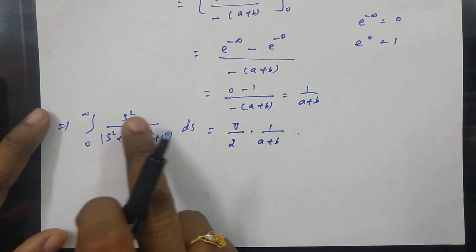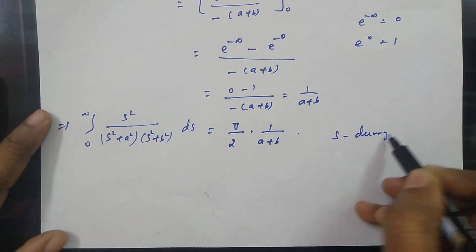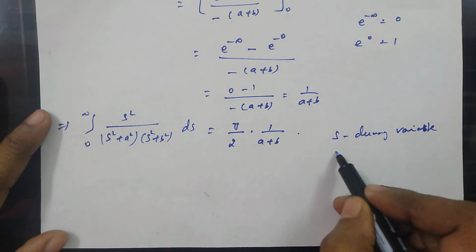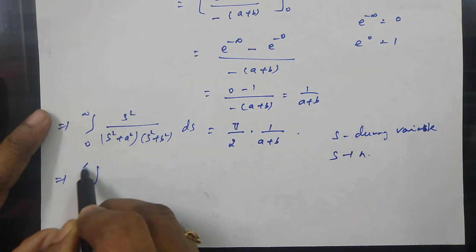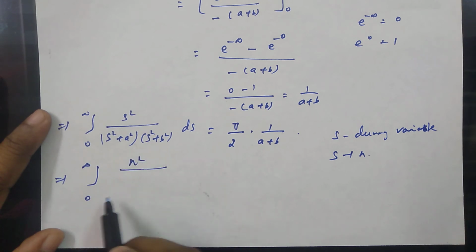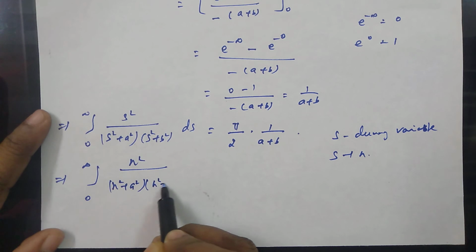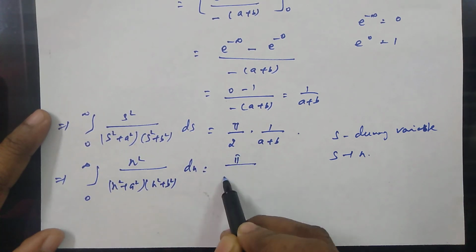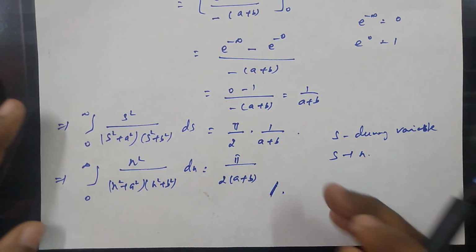We know very well that s is a dummy variable, so we can replace s by x. Hence, integral 0 to infinity x square divided by (x square plus a square) into (x square plus b square) dx equals pi by 2 into (a plus b). This is the answer for the question.